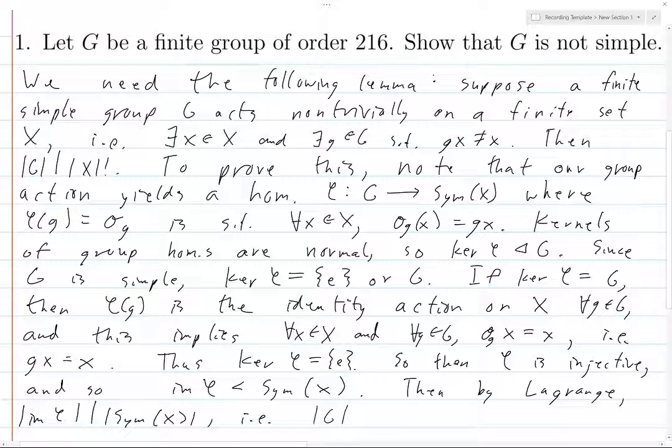And so we can just go ahead and replace the size of the image of phi with the size of G. And of course, the symmetric group on X, we know that the size of that group is X factorial. And that is what we wanted to prove for this lemma.